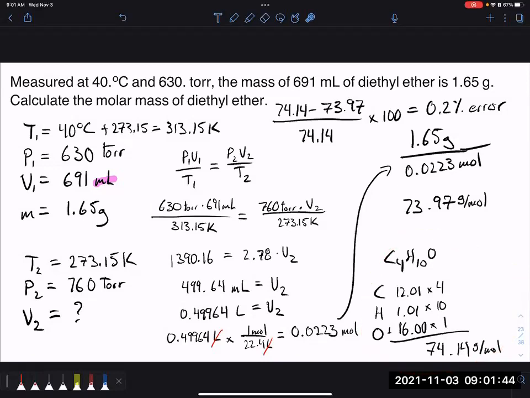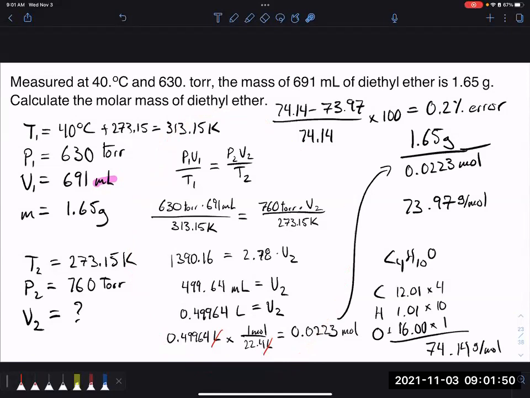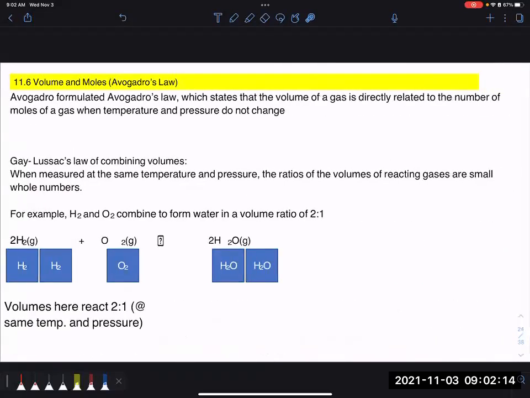On a question like this, though, I would be looking for work to show that you did this. I would probably play with these numbers and get it a little bit off like this. So if you get this answer, then I know you just used the periodic table. But if you use this answer, then I know you did it the way I was expecting. Okay, that was a deep dive.